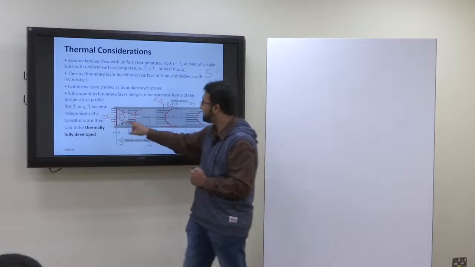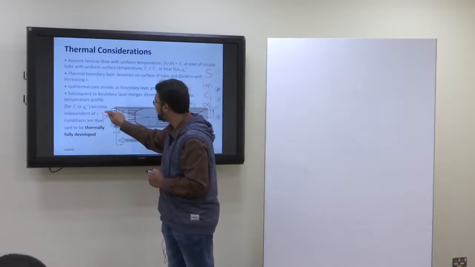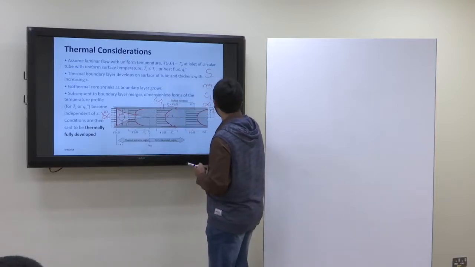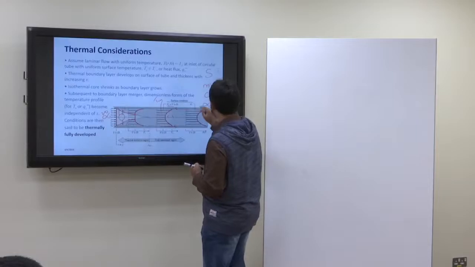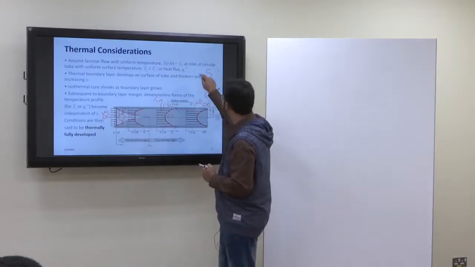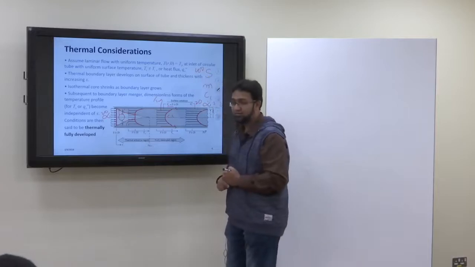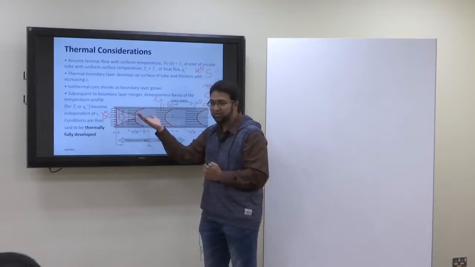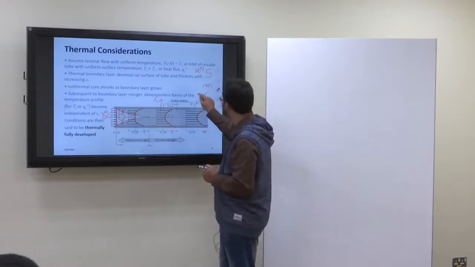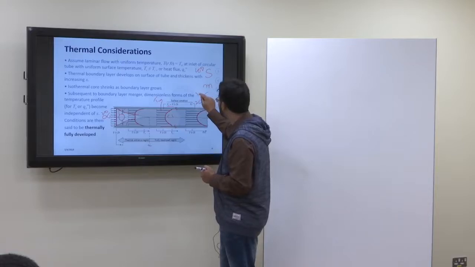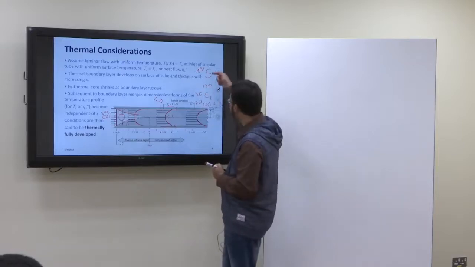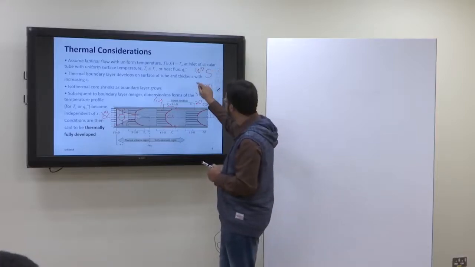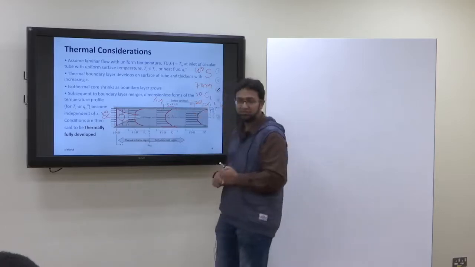Suppose T infinity was 20 degrees and the surface was 100 degrees. The centerline temperature will not be 20 but slightly higher than 20, so suppose the centerline is 30. The mean is between the surface and the centerline, so suppose it is 70.